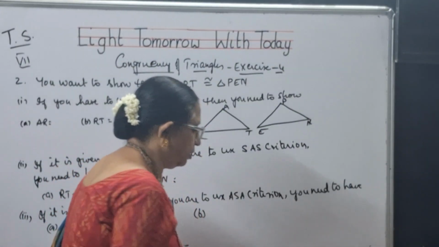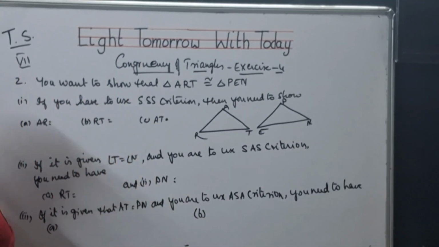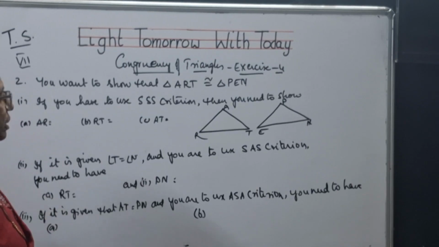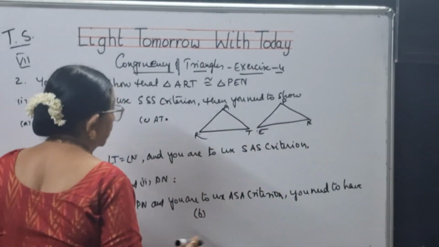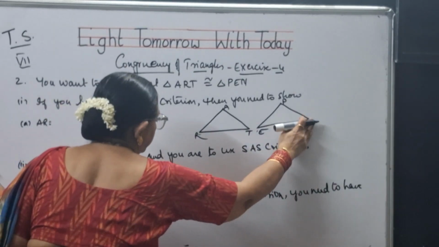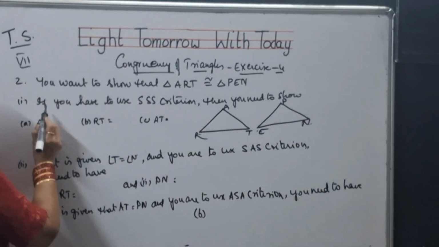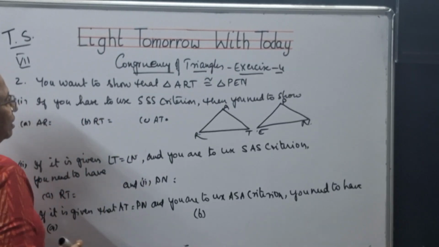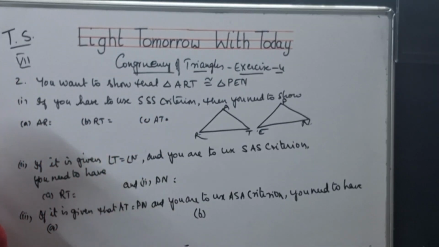Now this is the second problem, children. You want to show that triangle ART is congruent to triangle PEN. This you need to prove. First bit is, if you have to use side criteria, that means you have to prove that all the three sides are equal.